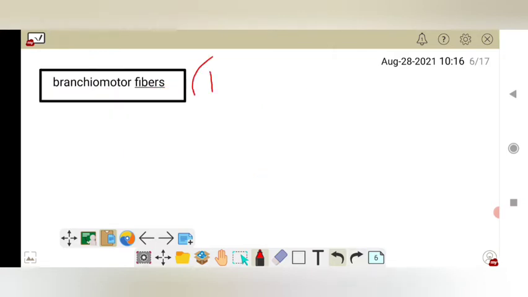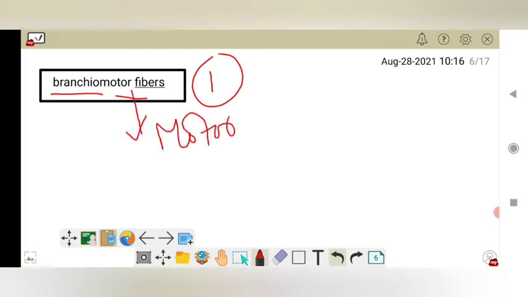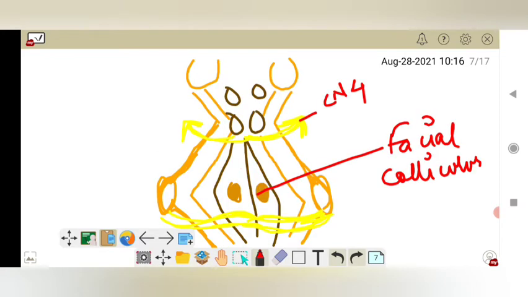First of all, branchiomotor fibers. These are motor fibers, as the name suggests, related to branchial arches. Facial nerve is the nerve of the second branchial arch. All the muscles derived from the second branchial arch are supplied by facial nerve via branchiomotor fibers.